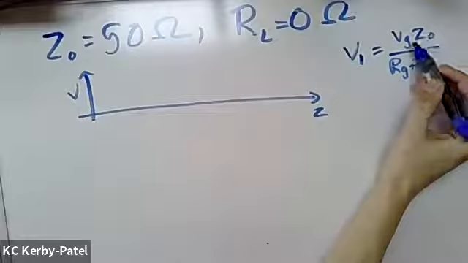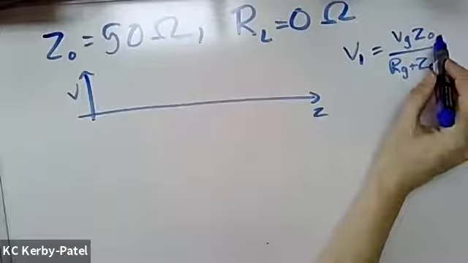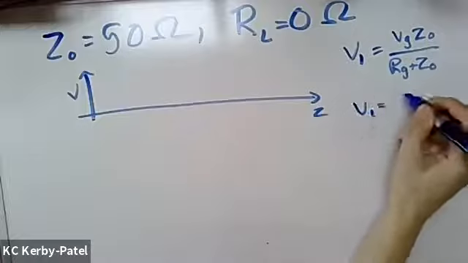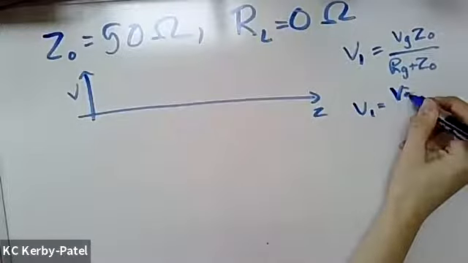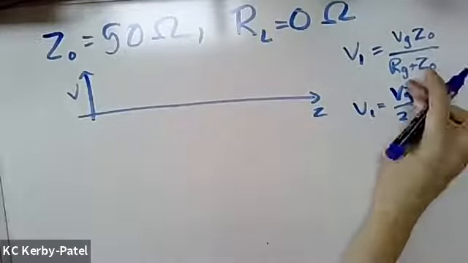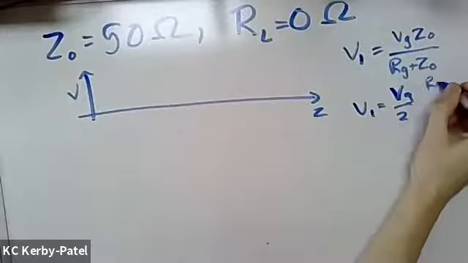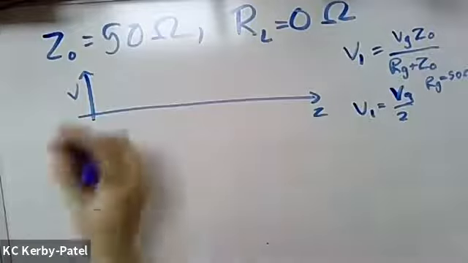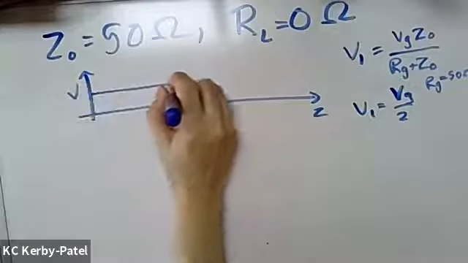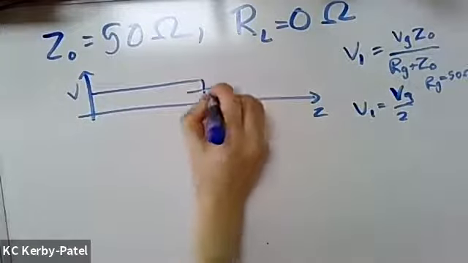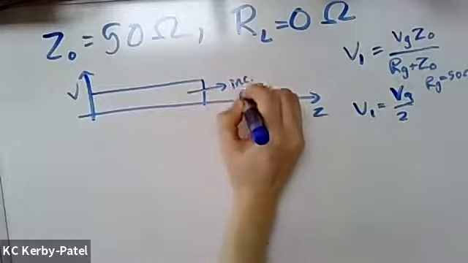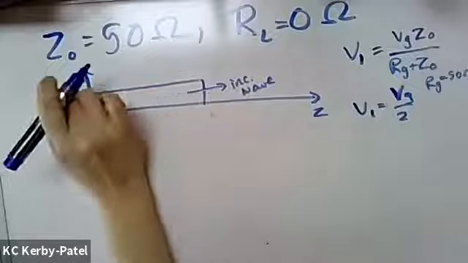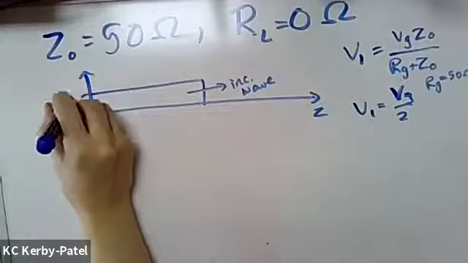So let's say that Z naught and RG are both 50 ohms, and so V1 just becomes VG over 2. So then we have V1 propagating down the transmission line, and it's still on its way there. Incident wave. And it has height. That value is V1.